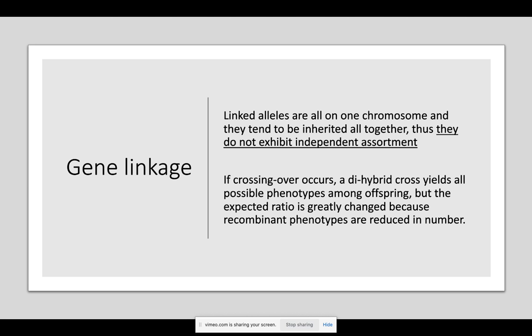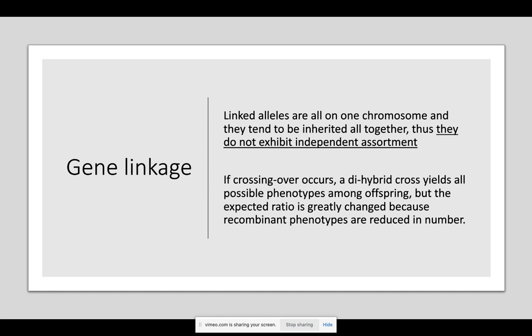So again, obviously this would violate the law of independent assortment. Because in the law of independent assortment, we learn that genes and alleles are inherited separately, that they do not depend on each other, whereas genes within a linkage group are technically inherited together because they're on the same chromosome.